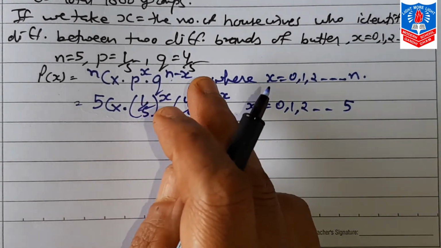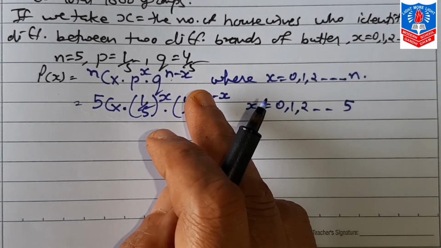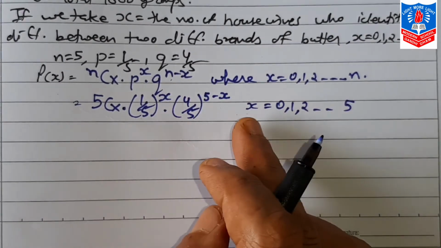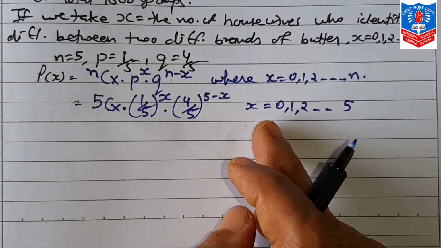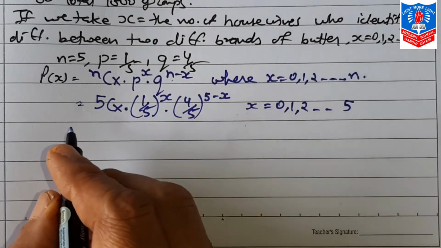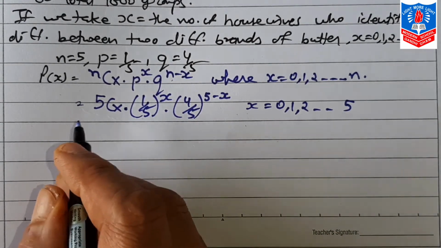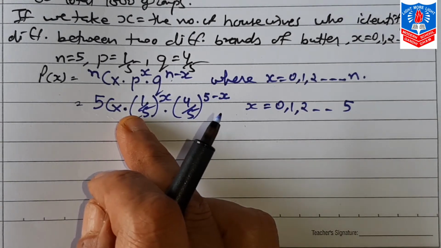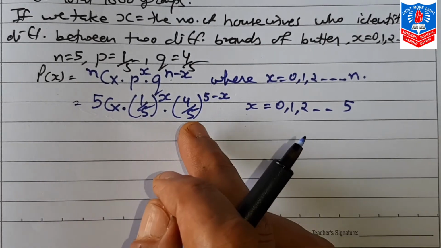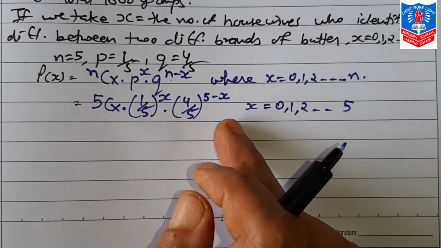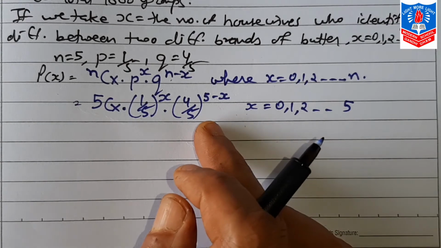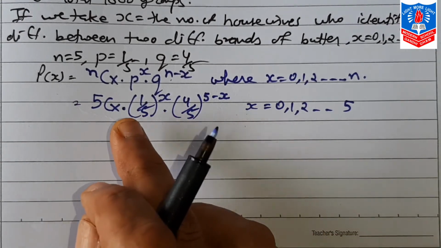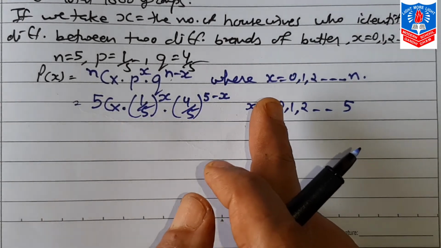Now using this formula, we calculate the probabilities for different values of x and multiplying such probabilities by 1000, we get the number of groups out of 1000 groups in which 0, 1, 2, 3, 4 or 5 housewives can identify the difference between 2 different brands of the butter.